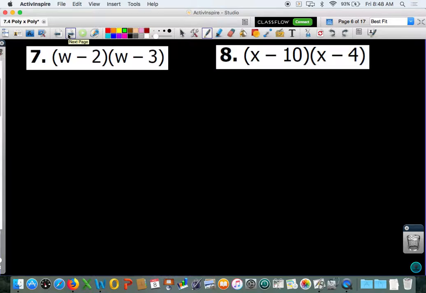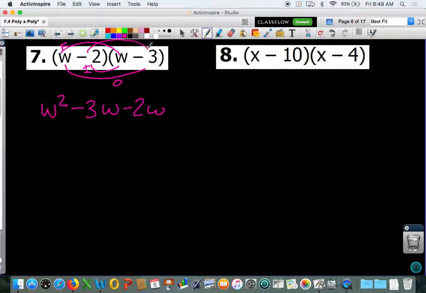Number 7, okay? w times w gives me w squared. That's my F. w times negative 3 gives me negative 3w. That's O. I, my inner, negative 2 times w gives me negative 2w.